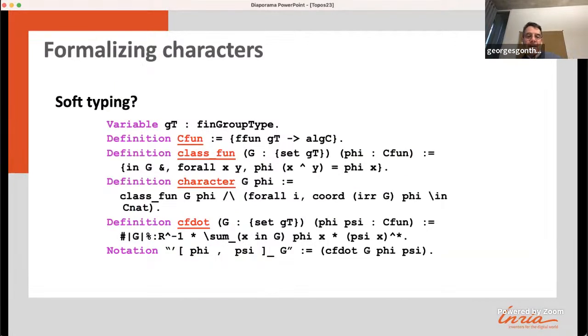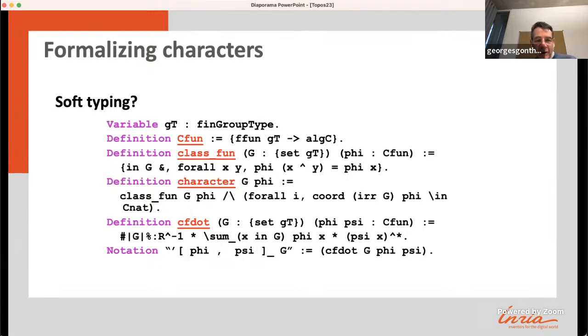There's a similar thing that happens with characters. So again, characters are functions that map group elements to complex numbers, and they have this property of being constant over conjugacy classes of a given group. So these are called class functions, and characters are a subset of the class functions that have integer coordinates or non-negative integer coordinates.